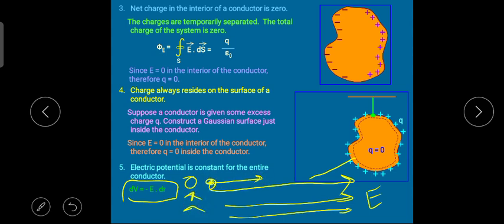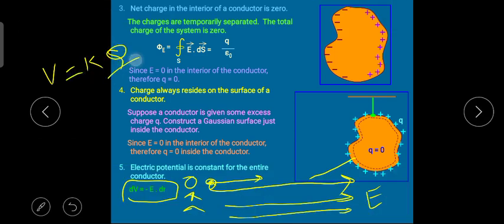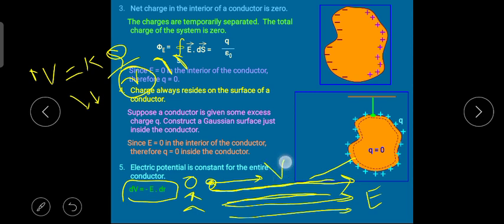We know that electric potential is equal to kq by r, as the distance is inversely proportional to the potential. As the distance is increasing continuously, your potential will decrease. इसी बात को मैंने ये कहा कि जैसे जैसे आप चार्ज को इलेक्ट्रिक फील्ड की डायरेक्शन में लेके जाते हैं, आपका जो पोटेंशियल होगा वो डिक्रीज़ होता रहेगा.